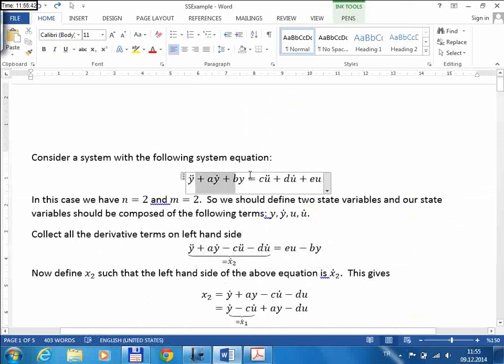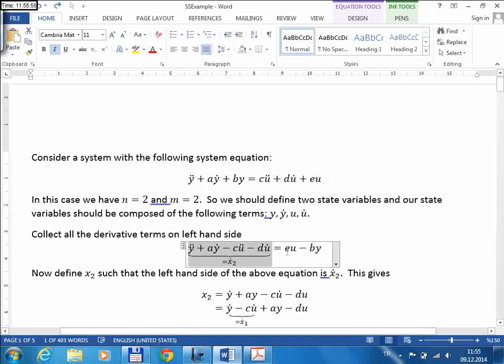So we start with this equation and collect all derivative terms on one side. Okay, so this is a second derivative of y, first derivative of y, and these are the derivatives of u. All of those terms are collected on one side, and on the other side we are left with no derivative terms. So I call these derivative terms x2 dot.